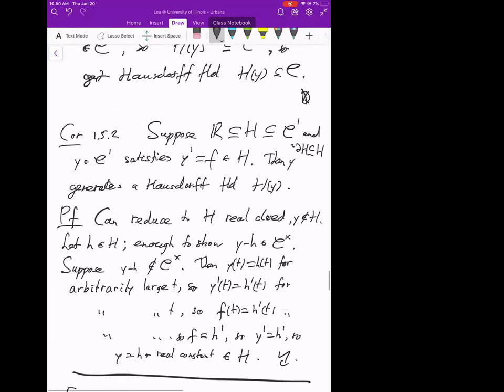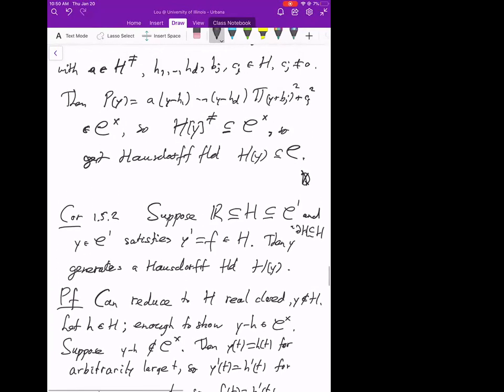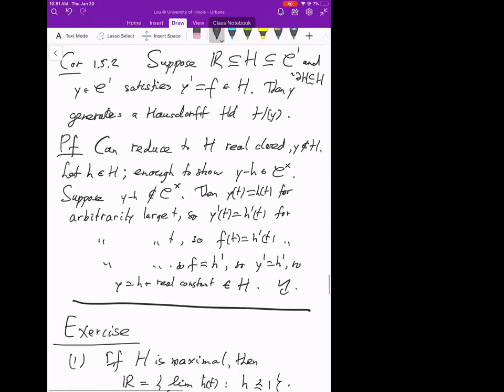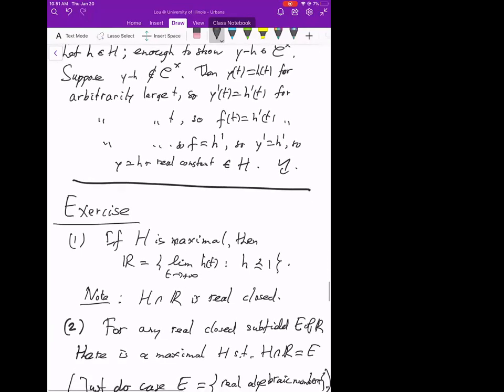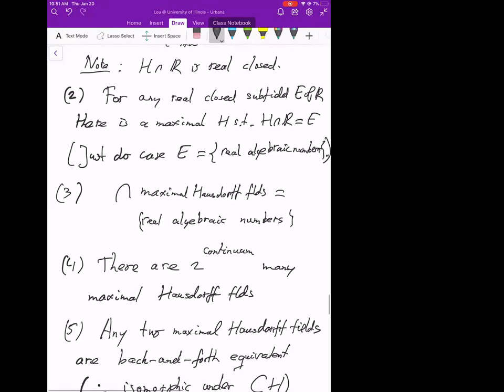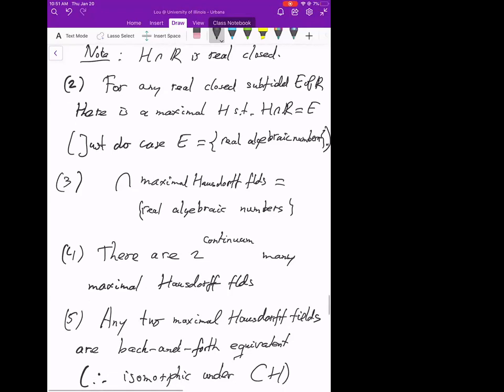Anyway, anything else? Yeah, 4 here is really an easy consequence of 2. You basically have to show that there are 2 to the continuum many real closed subfields of the real numbers.